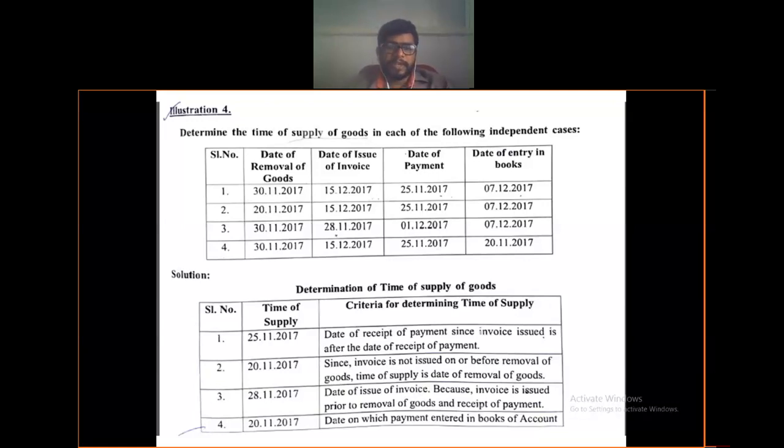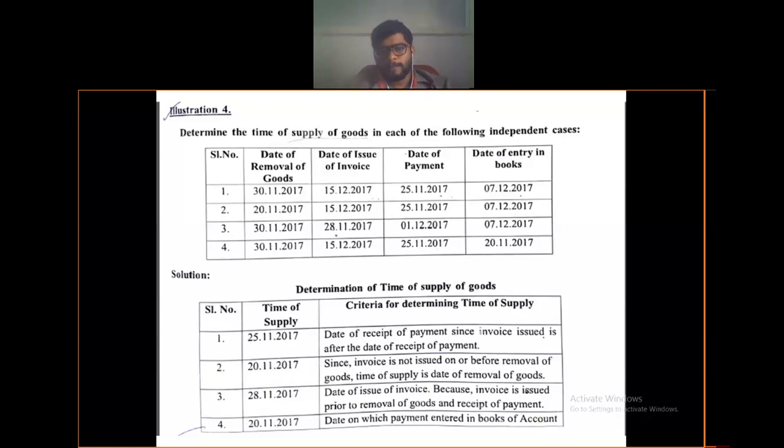First case, observe the first row: date of removal of goods 30th November 2017, date of issue of invoice 15th December 2017, date of payment 25/11/2017, and date of entry in books of account of supplier 7th December 2017.